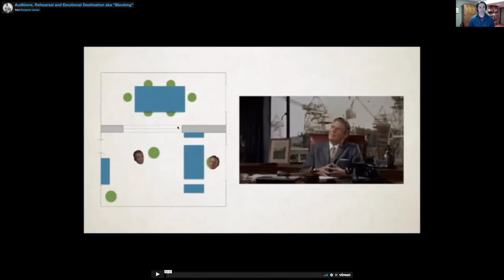In the analysis of this scene, the person analyzing talks about how he's placed behind this desk. He's given a certain amount of power in terms of his position in the scene. He's fairly central to the composition of the shot. The mise-en-scène, the setting, is this shipyard.